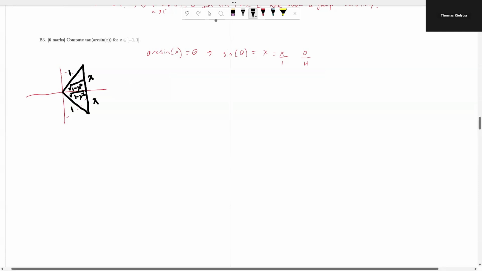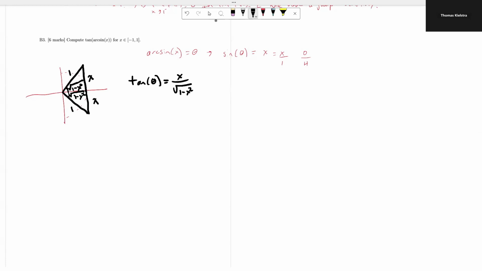Okay? And now if I take tan of these two triangles, in both cases, tan of theta will equal x over √(1 minus x squared). So for both the upper triangle and the lower triangle, tan of theta will equal x over √(1 minus x squared).